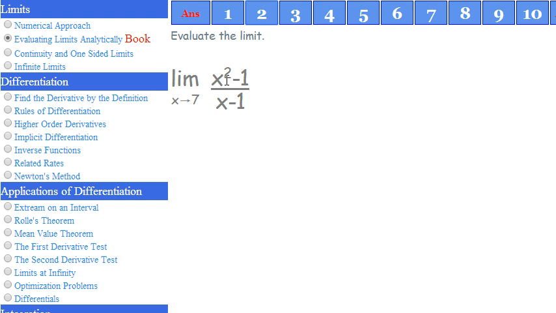You would have to do something else, probably factor and cancel like factors out and then do direct substitution. But we're not going to work any examples on that. We're just talking about direct substitution here.